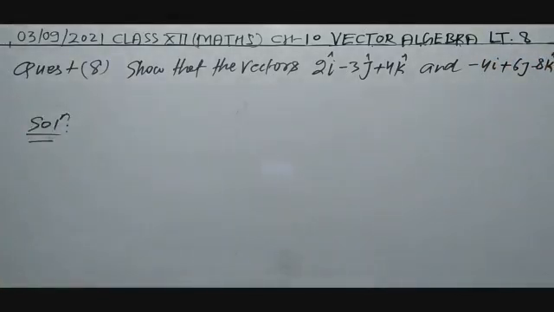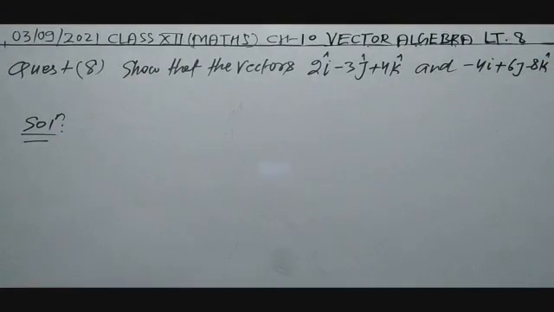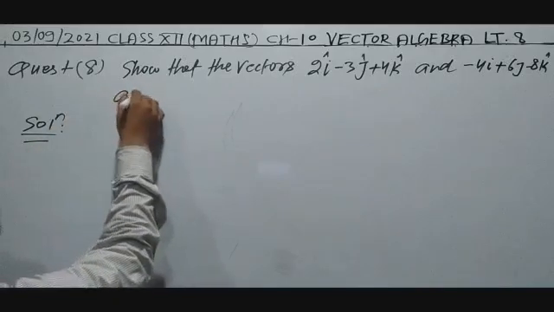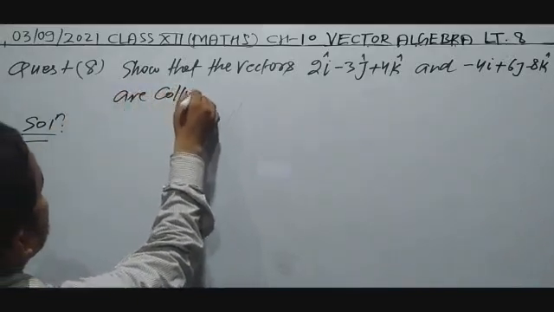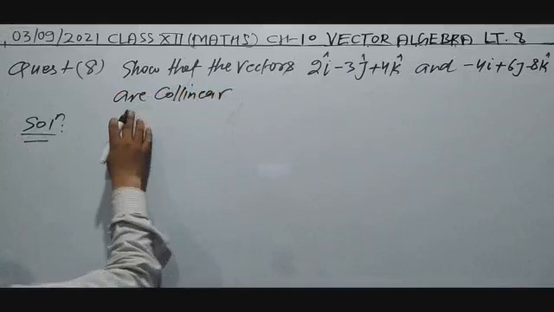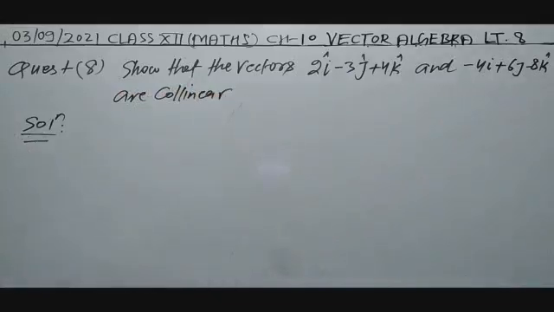There are two vectors given, 2i minus 3j plus 4k and minus 4i plus 6j minus 8k. First of all, we have to write the given vectors.